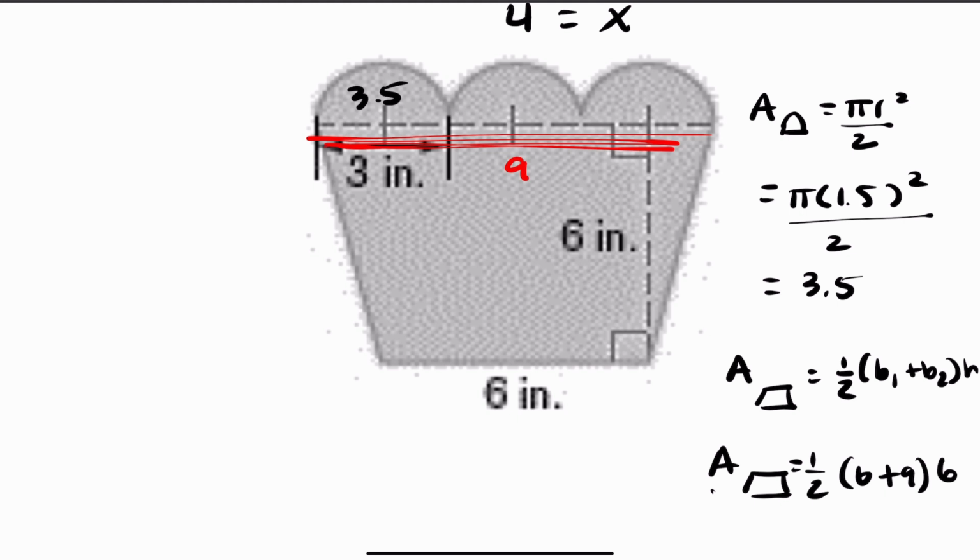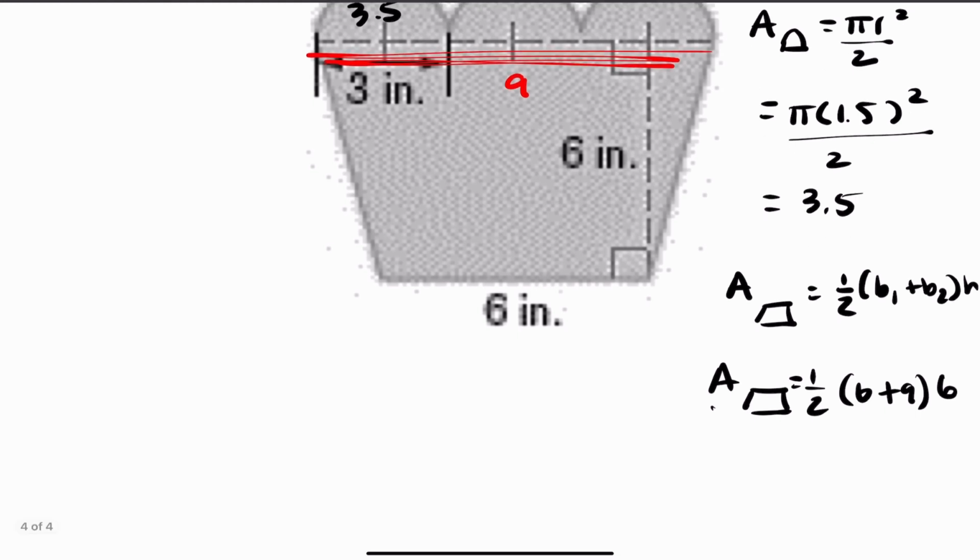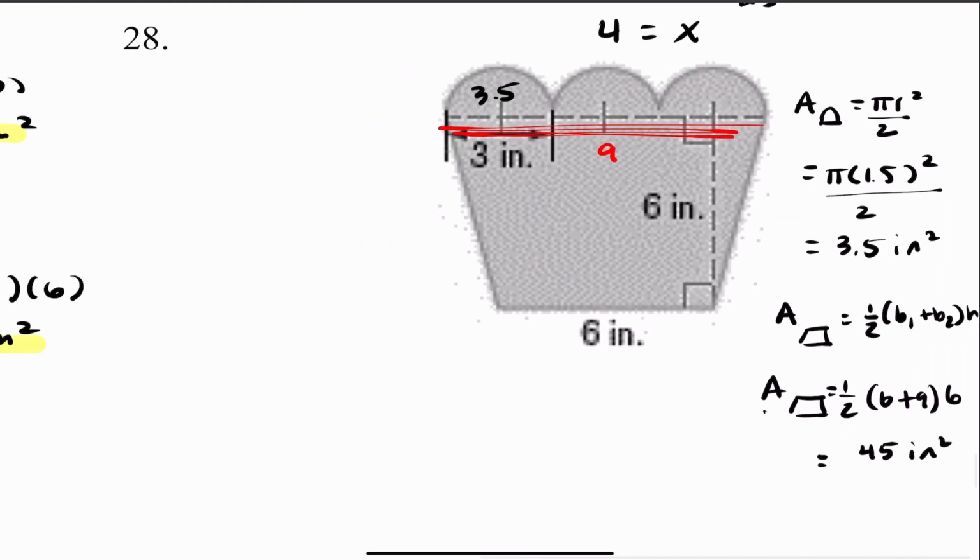All right, so then what I need to do is I need to compute. So this is equal to 45 square inches. Okay? All right, so once again, I'm dealing with 3 semicircles here. So I just do a semicircle plus semicircle plus semicircle plus the trapezoid.